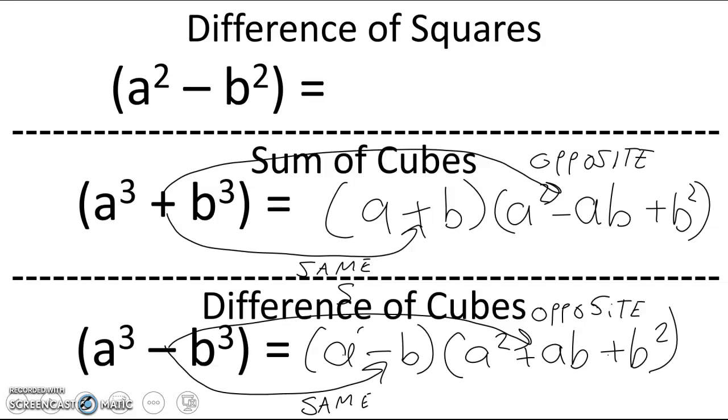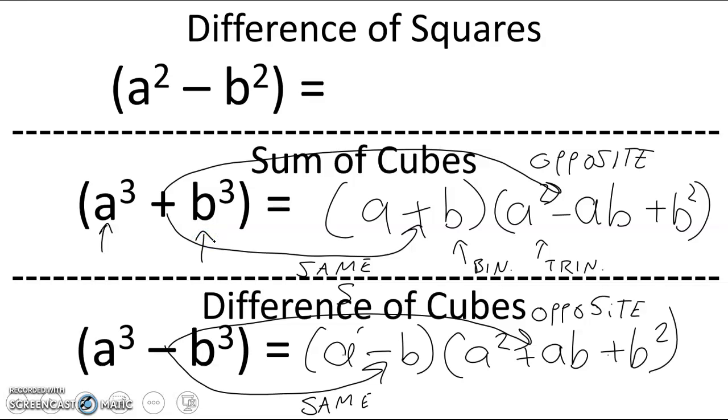The biggest thing I want to point out is that when you do a sum of cubes or difference of cubes, you're going to be left with a binomial, two terms, and a trinomial. I'm just going to write bin and then T-R-I-N for trinomial. In your binomial, it's literally going to be A and B. You start with a cube, A cubed, and another cube, B cubed.